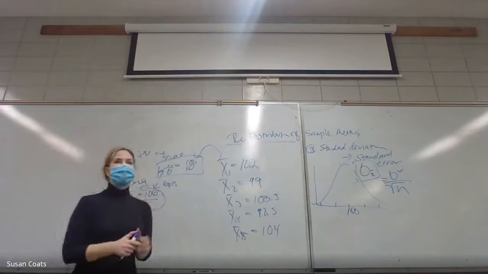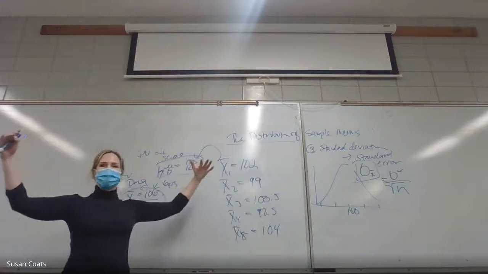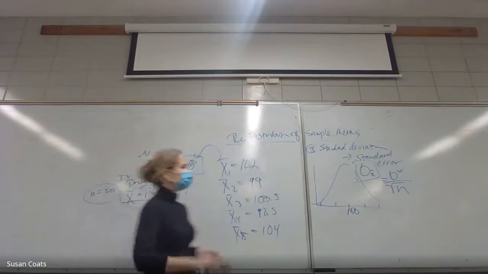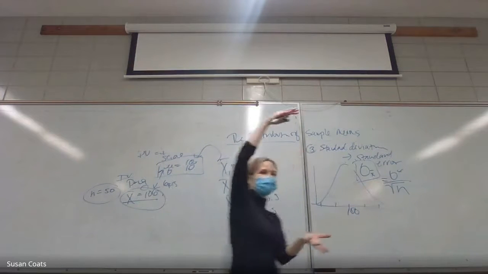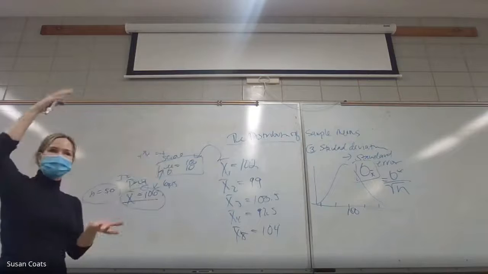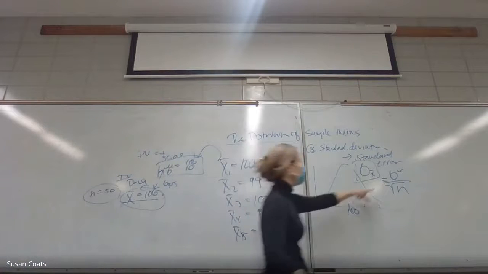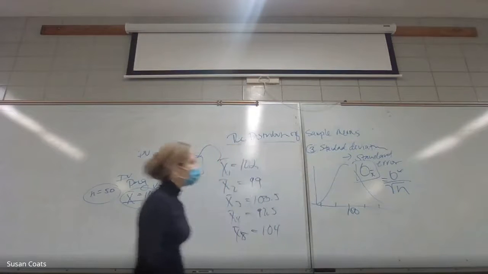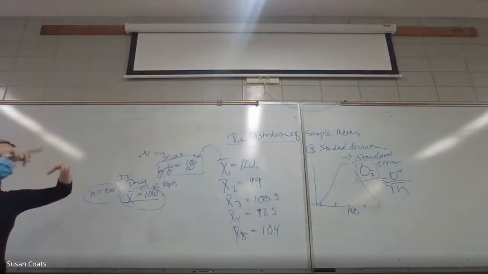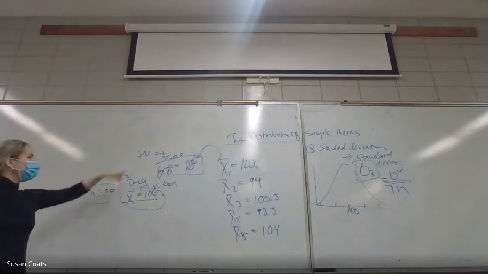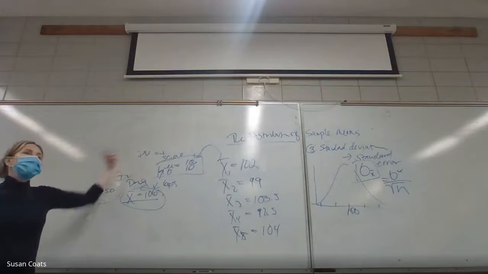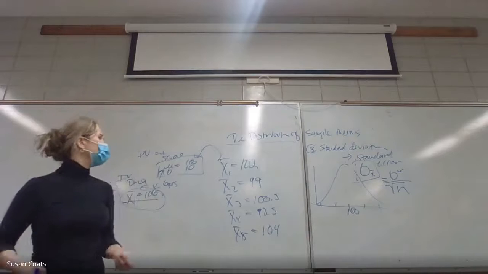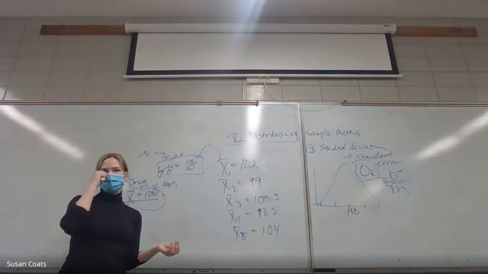If the individual scores in the population vary a whole lot, that's going to increase the numerator. That's going to lead to a high standard error. And if you increase the numerator value, that increases the ratio value. So the more the individual scores in the population vary, the greater your standard error, the more you expect your sample mean to be discrepant from the population mean, just based on standard error alone.